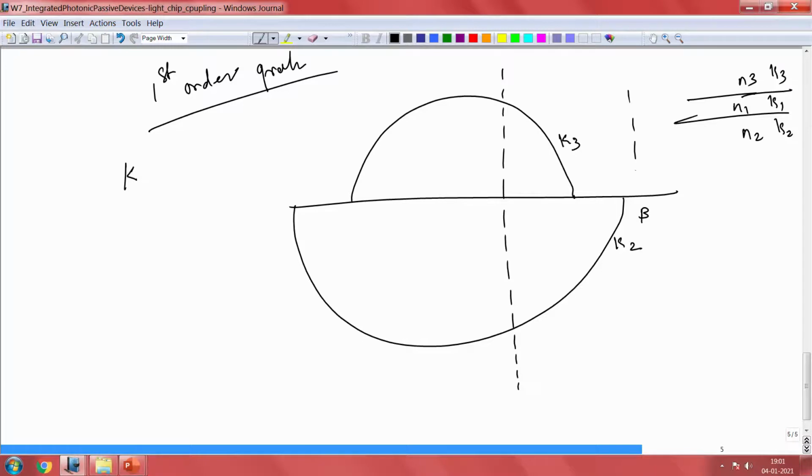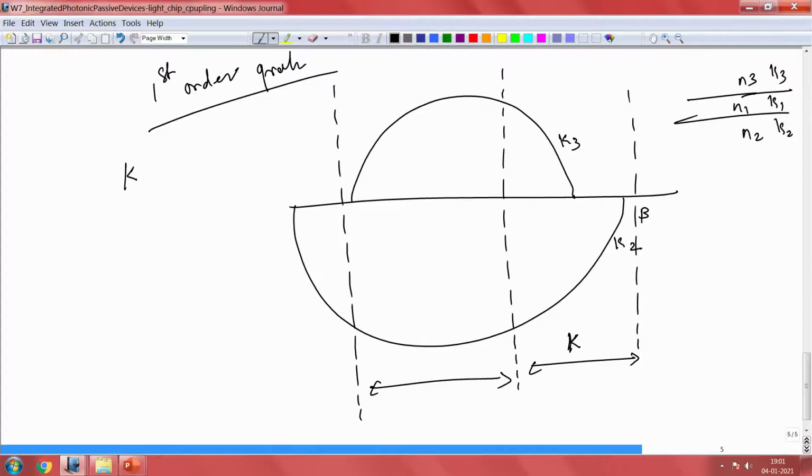These are all the lines that will be represented by K. This is from the grating. Now we have K, then we need to match our beta.